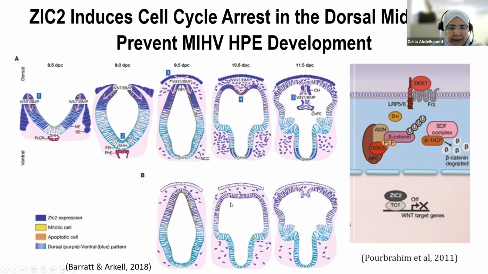So if ZIC2 is absent, you leave Wnt unopposed, and we lose the dorsal midline development completely. Dorsal midline development leads to choroid plexus development and the cortical hemispheres, and this rarely develops in the mouse model of holoprosencephaly of ZIC2 mutant, causing middle interhemispheric variant holoprosencephaly. This diagram summarizes the findings in the mouse for ZIC2.